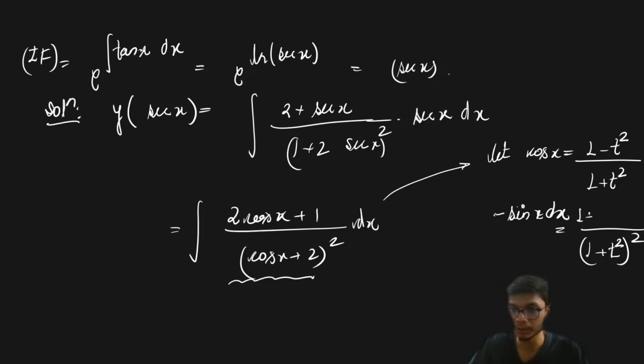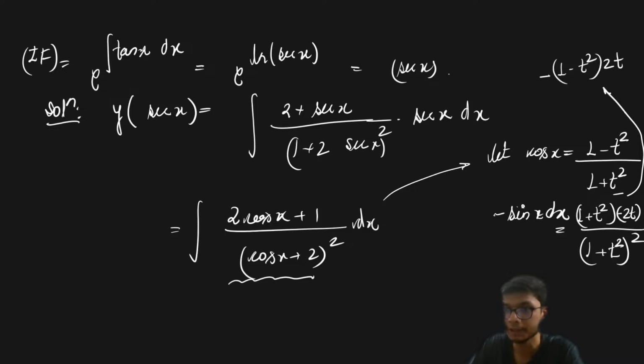And this is going to be equal to minus, so I have no space over here, I'm doing it above, minus of (1 minus t square) into 2t. Now you will find that this 2t cube is going to cancel out, and similarly this 2t and minus of 2t is going to add up, and that's going to give you minus of 4t, right?